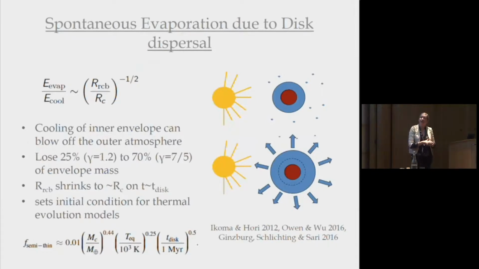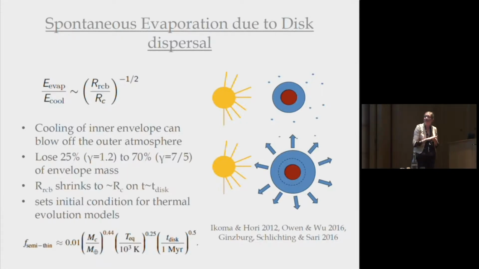Just because they can. And because there's plenty of energy in the inner parts of the envelope, the planet will shed several tenths, up to 70%, of all the gas it just accreted during the disk dispersal phase as the gas disk goes away.